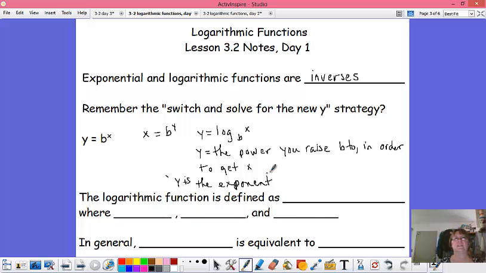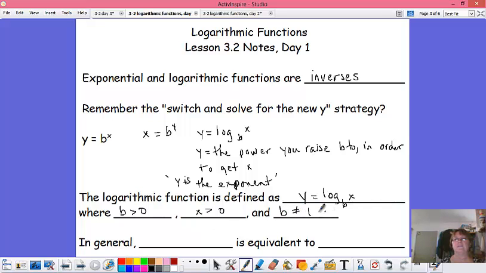He really wanted them to understand that the logarithmic function defined this way, y equals log base b of x, which is exactly what we have above, where b is greater than 0, x is greater than 0, and b is not equal to 1.